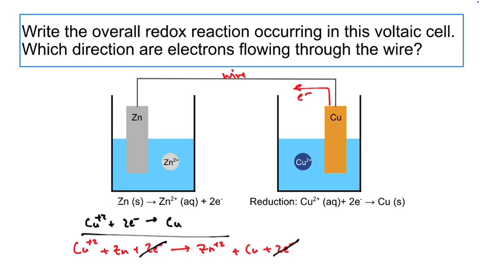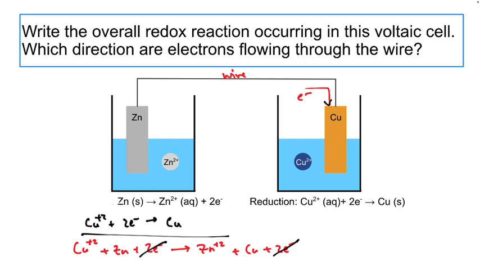To produce electrons, where must they be? They must be a product. Copper isn't producing electrons. Copper is consuming electrons. Which means if I'm talking about the electron flow, the electrons actually need to go into the copper.